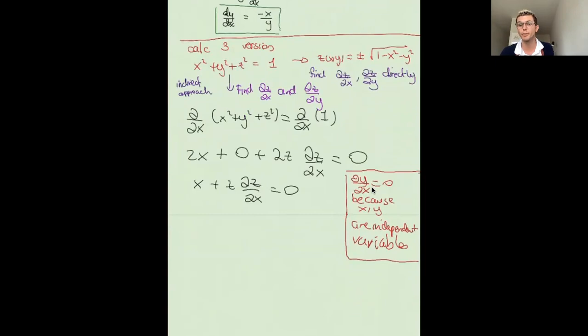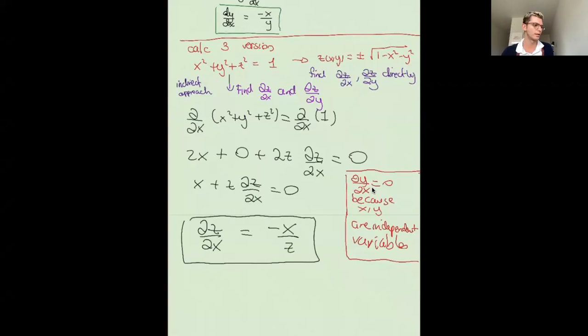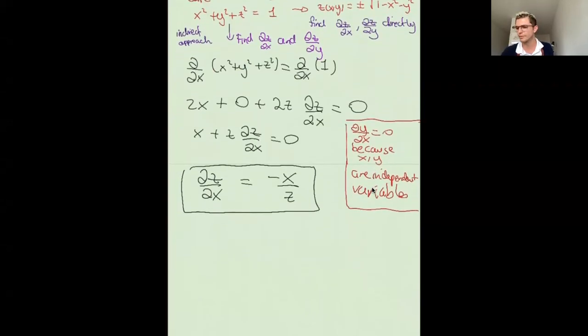And then you can solve for the partial derivative. Is that making sense? And you can do something similar for the one with respect to y. Let me change colors so that it's better.